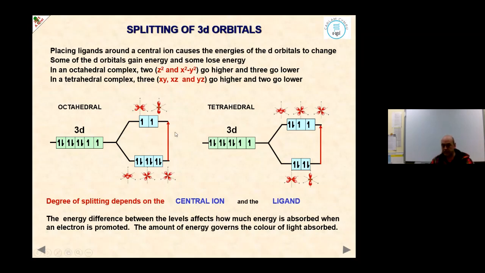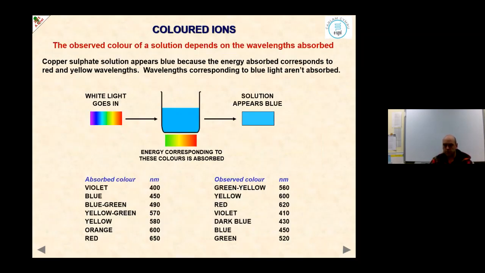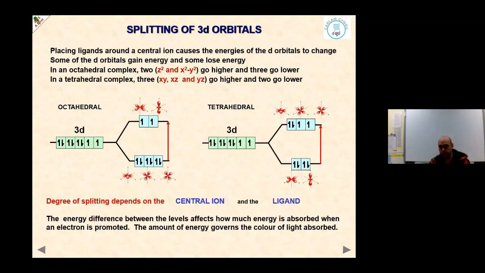And how much it splits depends on 2 things. It's the ion that you've got in the middle, so not just the species, but its charge. So is it Fe2 plus or Fe3 plus? And of course the ligands. This is why we're seeing different colours when we have ligand exchange taking place. We're changing that split. So why does that cause our solution to become coloured?